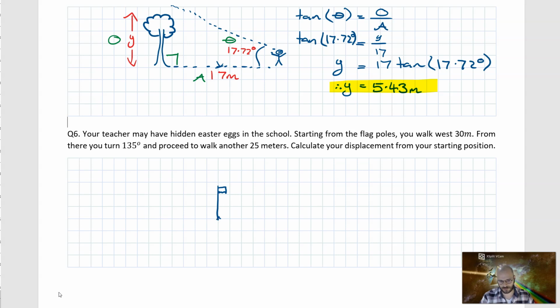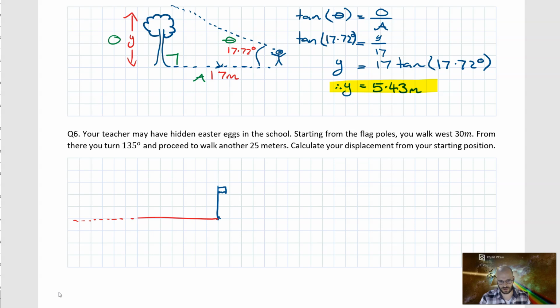by 30 meters. After that, you turn 135 degrees and proceed to walk another 25 meters. So it's a little bit ambiguous. You can either turn right 135 degrees or you can turn left 135 degrees. In either case, it won't matter because it's the final movement you make.